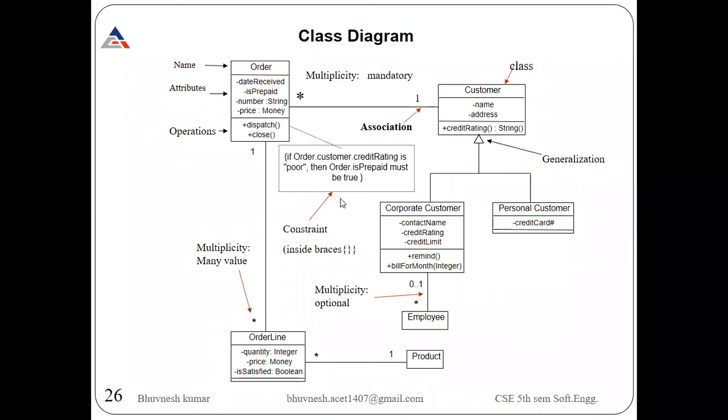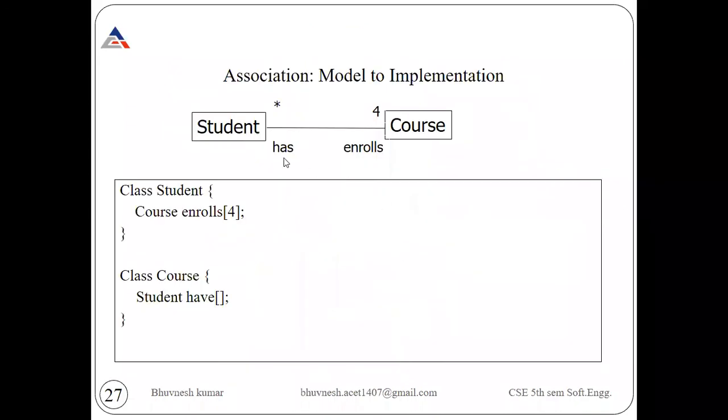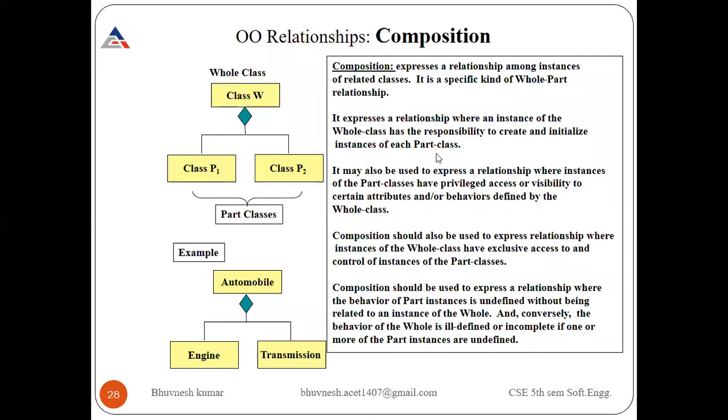Okay, and this is also an example of student and course. There is a single student who can enroll for multiple courses. Okay, and further there is composition. This is your main class, also called the whole class, and further there are part classes, that is your child classes.